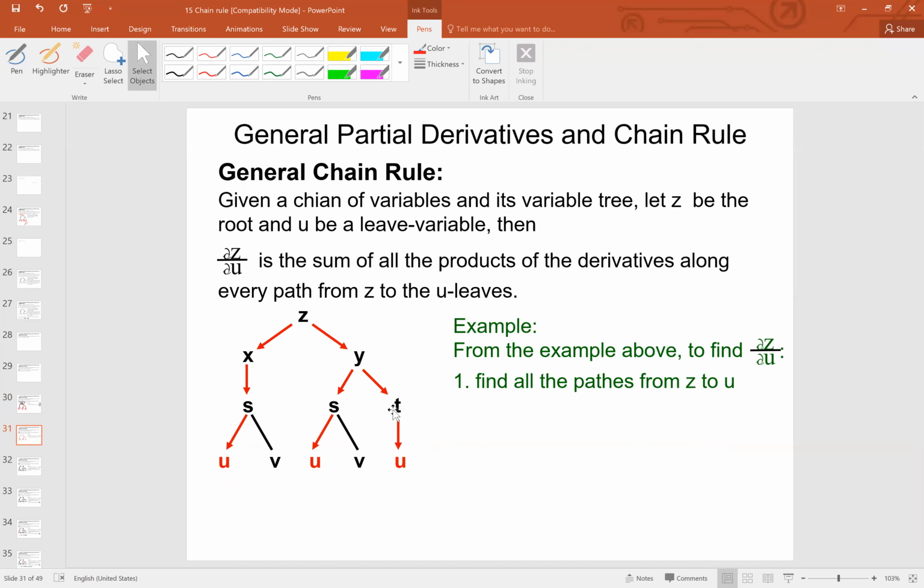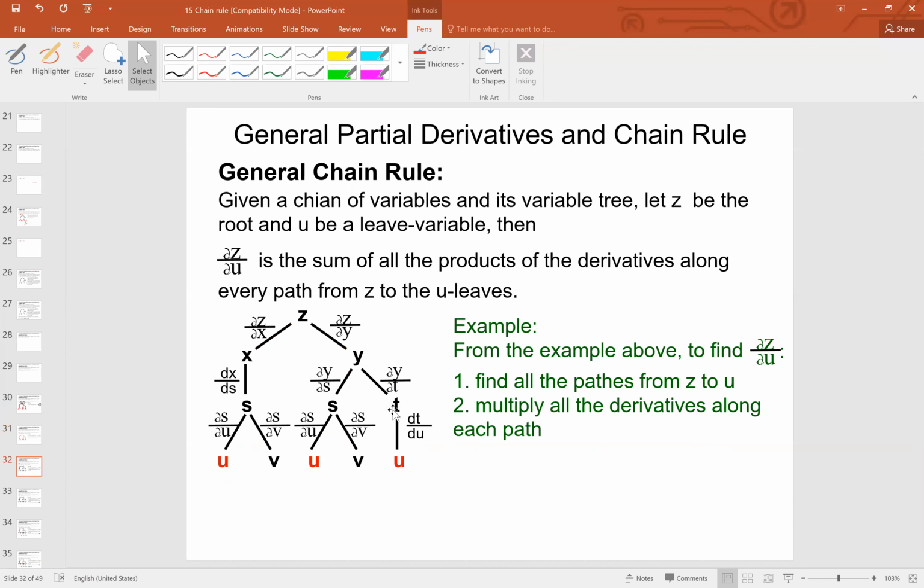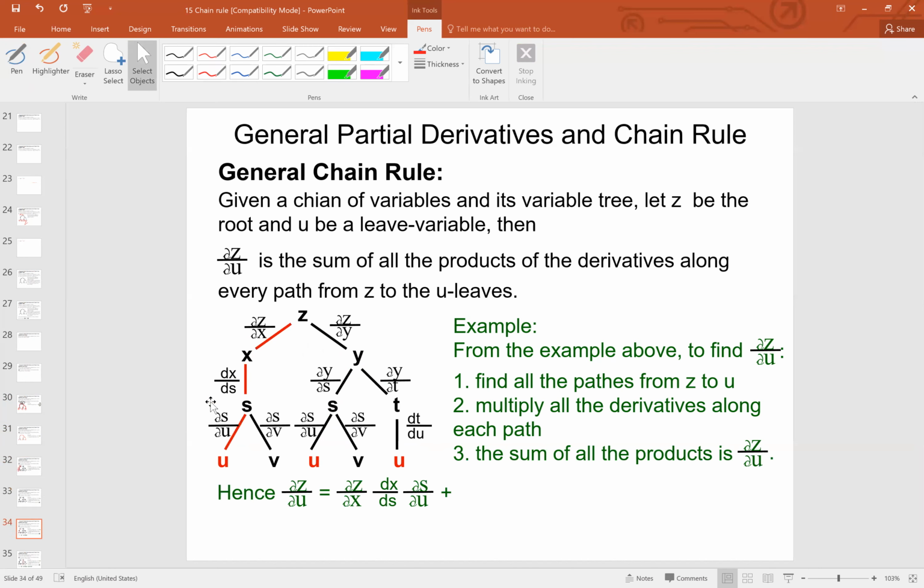Then we label each path with the appropriate derivative, partial derivative or regular derivative, partial x, partial. So for example, the first path was here. That will be partial z partial x, times partial x with respect to s, s with respect to u. That's the first leaf. Okay, and then we'll add all the leaves together.